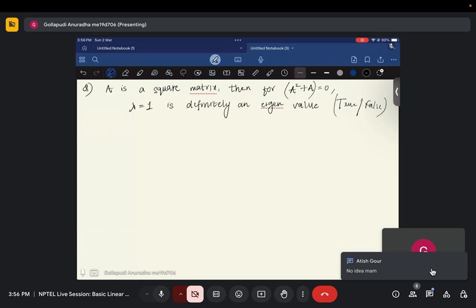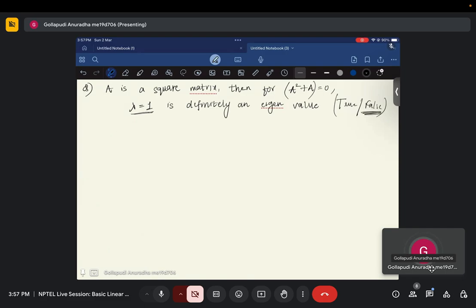Is it lambda equals 1 or lambda equals -1? Lambda equals 1. I think the answer is false. Okay.